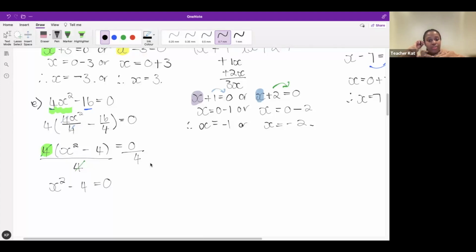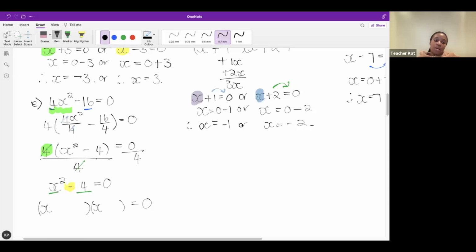Which method can we use to factorize x squared minus 4? This is a square, this is a square, and we have a difference, which means minus. So we can use the difference of squares. I'm opening my two brackets here, equals 0. x and x give me x squared.